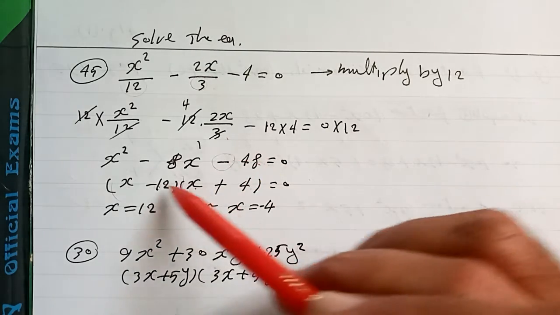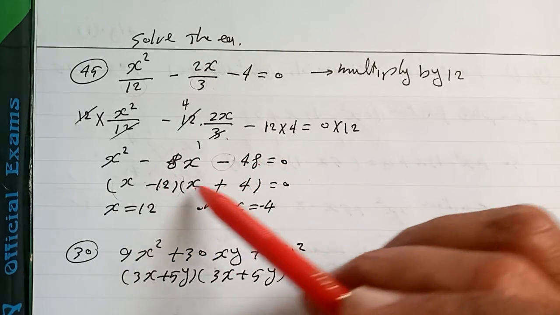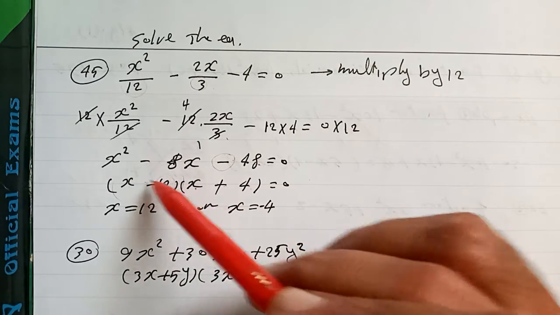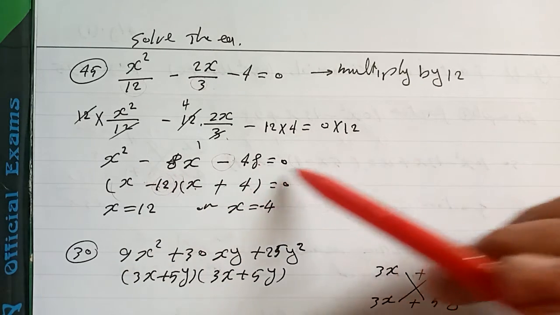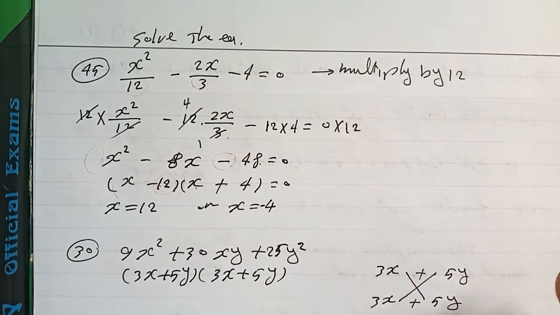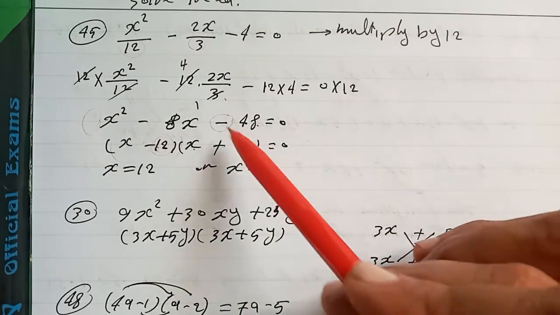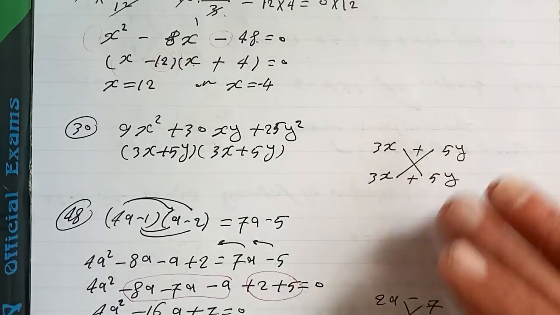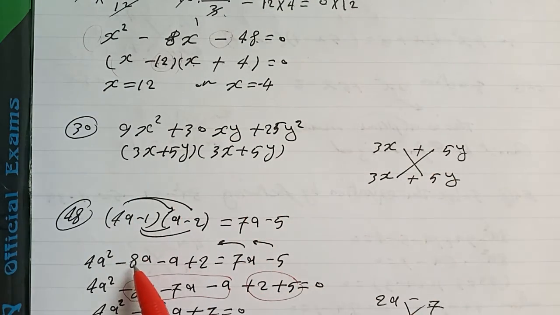Since this is minus, this will be two different signs. The bigger one takes the middle, and this is the opposite. You don't need to make scissors here because you don't have a number before x squared. So this is the previous lesson.